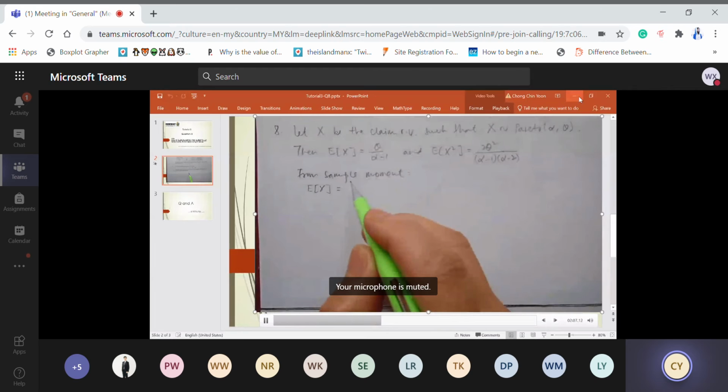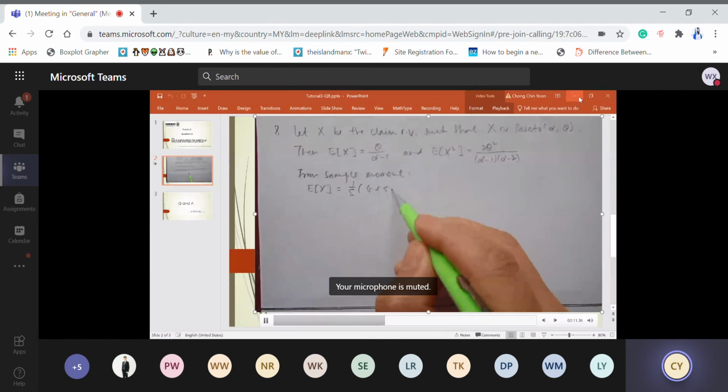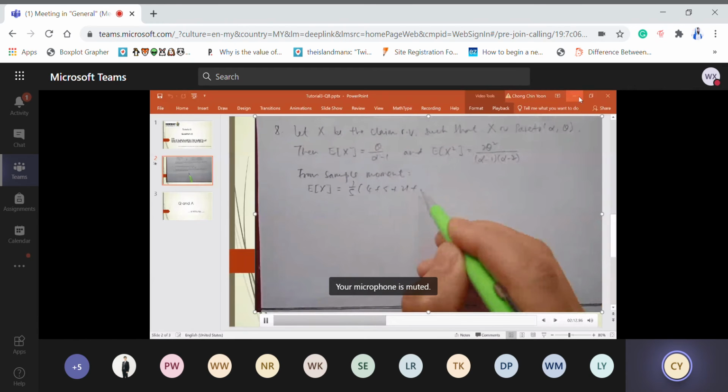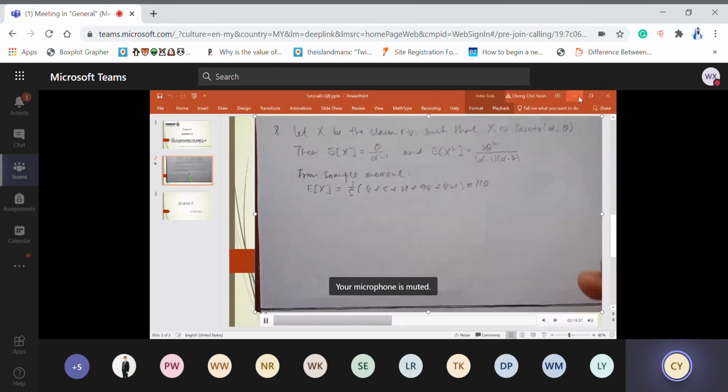So we have 1/5 multiplied by 4 plus 5 plus 21 plus 99 plus 421, which equals 110.